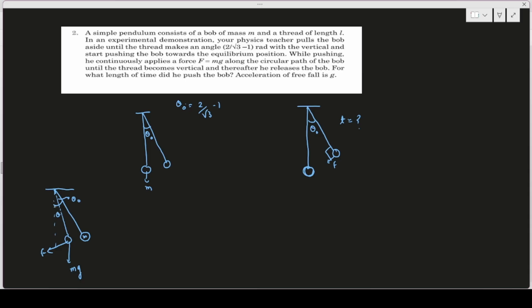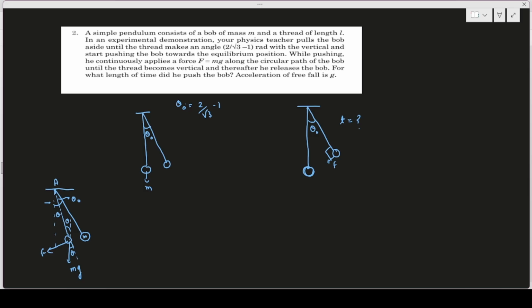Now if I take torque about point A, which is on the ceiling, let's say how will these forces contribute to the torque. So this angle is theta, so this angle will also be theta.